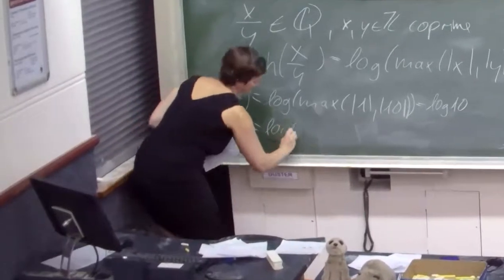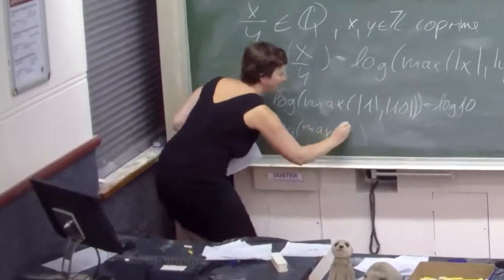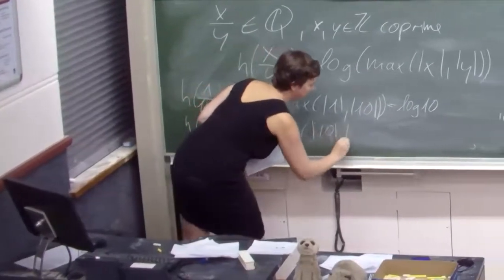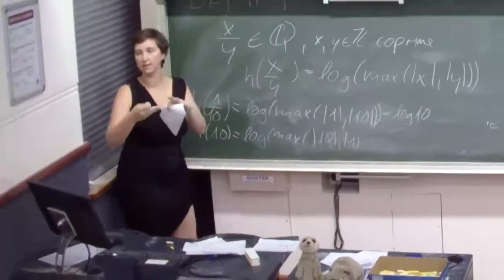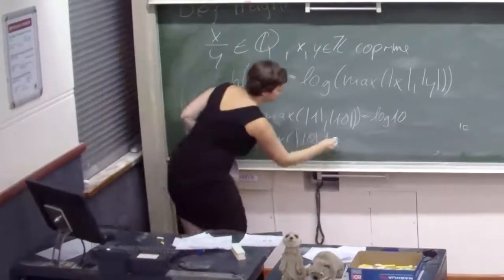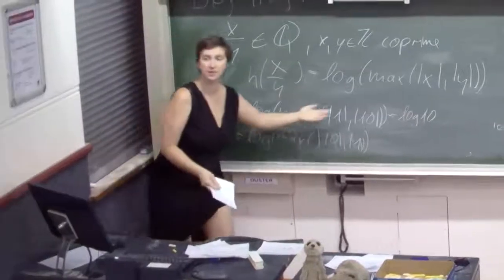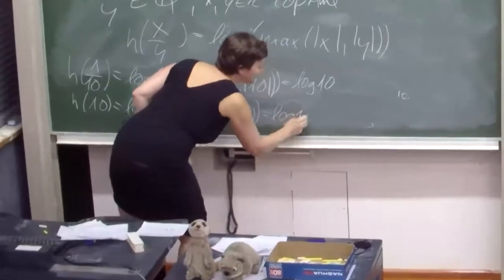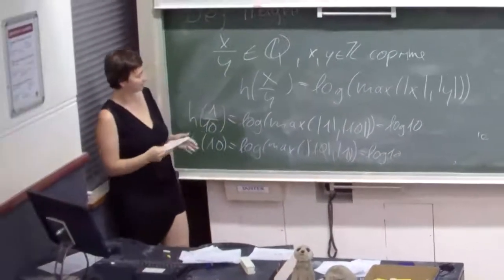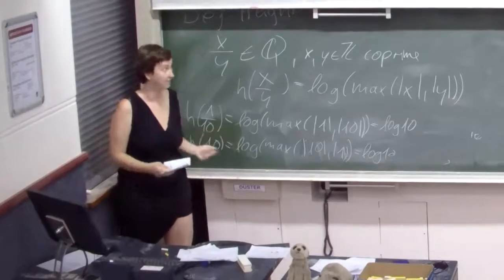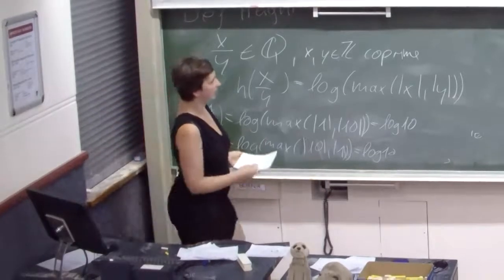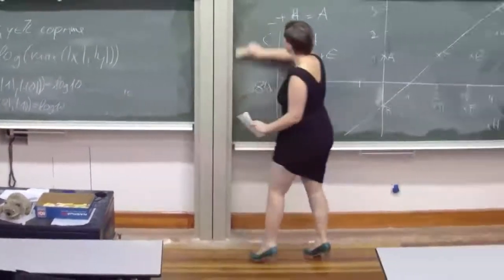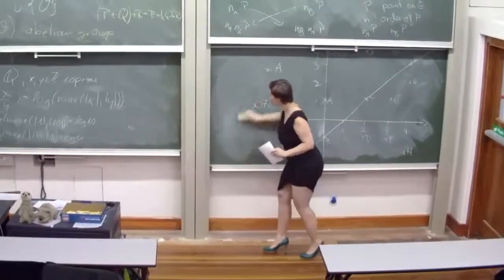It is the logarithm of the maximum of the absolute values of 10 and 1, because 10 we could also write as 10 over 1. Which is the same as before, it's log 10. So although the numbers are not the same at all, they have the same height. And the other direction can happen as well. We can have two numbers that are almost the same, but have really different heights.